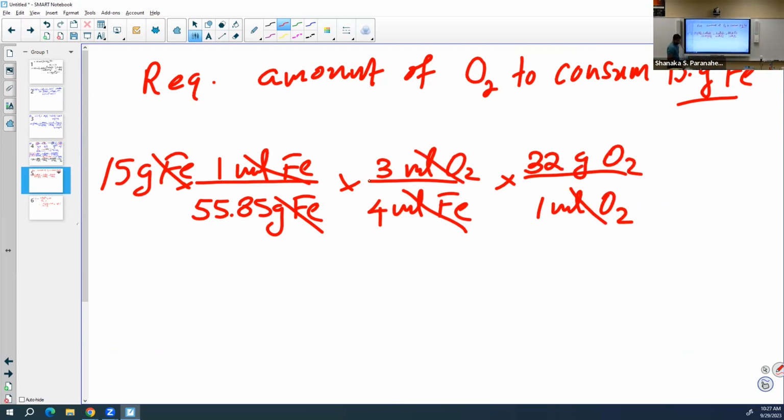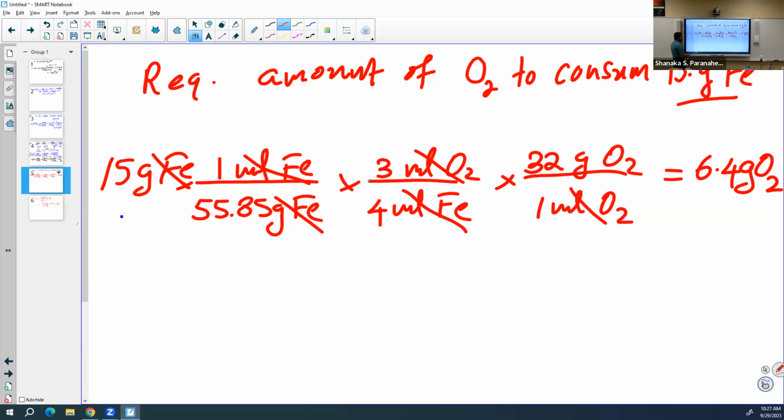I don't have this answer because it is not in the study guide, but 15 times 3 times 32 divided by 4 times 55.85 gives 6.44. This is the required amount of oxygen to consume all 15 grams of iron.